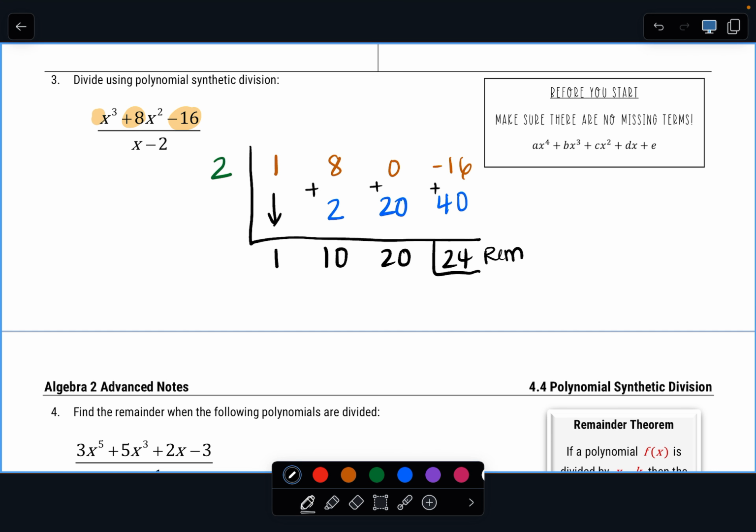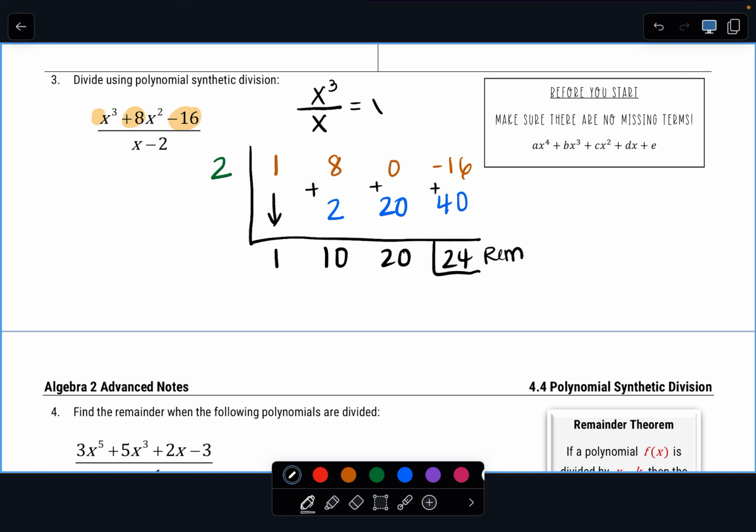Now, the biggest mistake we see with synthetic division is people forget that they need to think of what the first term is going to be. So always pay attention back to the original problem. The top highest exponent is x cubed. The bottom, the divisor, highest exponent is x. If I take x cubed over x, what do I get?